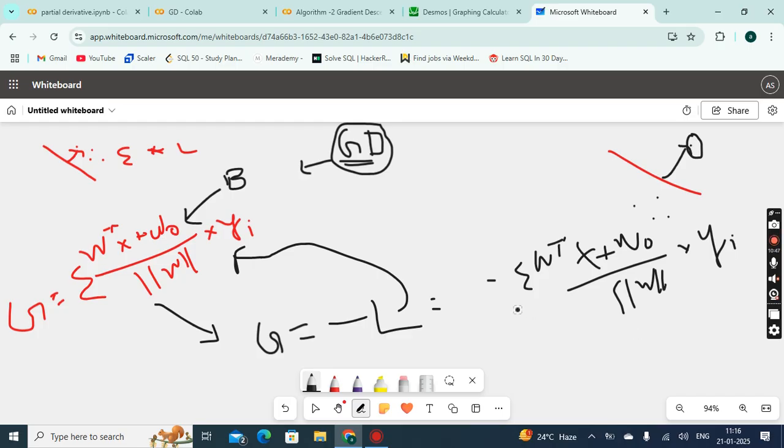Basically I am just giving a minus symbol here, and that is what is known as the loss function. So the first concept of GD is clear.